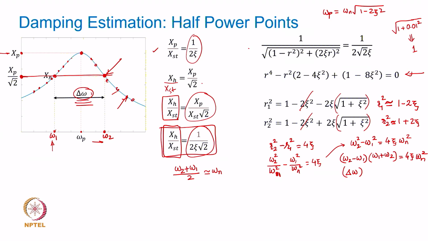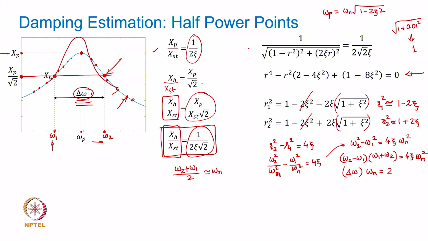Or I can write that it is close to omega p, because even if in some cases this may not be exactly symmetric, I can approximate that the omega p will be the algebraic mean of the two half power frequencies. So, that basically will mean that I replace omega 1 plus omega 2 by 2 omega n, and I will retain omega n here and get rid of this 4 by dividing it by 2.